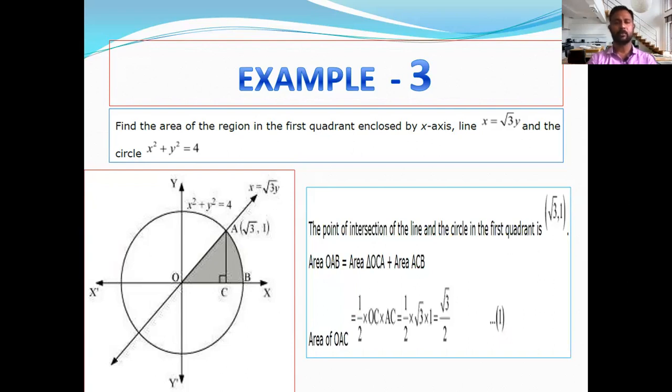Let us first find the area of triangle OAC. It is a right triangle, therefore definitely it is half base into height. Very directly you have the area of the right triangle OAC as root 3 by 2. And let us go for the next area, the area of the region ABC. It is the area under the circle up to the x-axis from root 3 to 2.